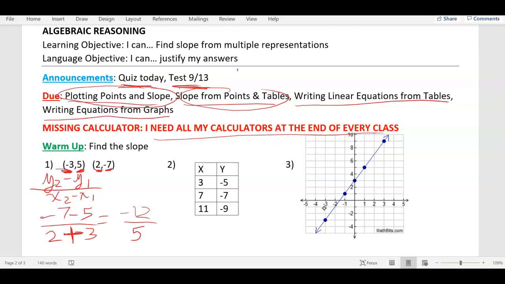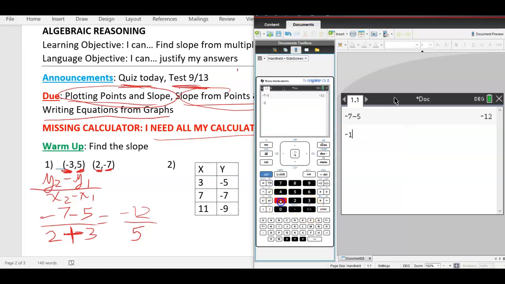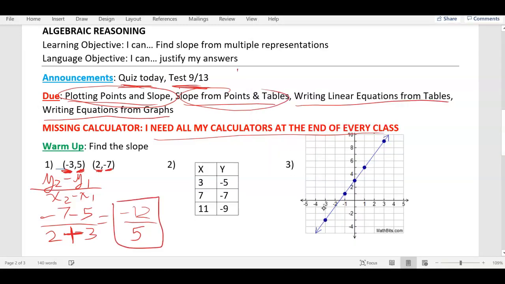Now, what I suggest, if you're not sure if it reduces, just type it in, -12 divided by 5. If it gives you the same thing, that's the most reduced form in improper fraction. Could you do that given the formula? And I'll give you the formula, it's on the quiz, okay?